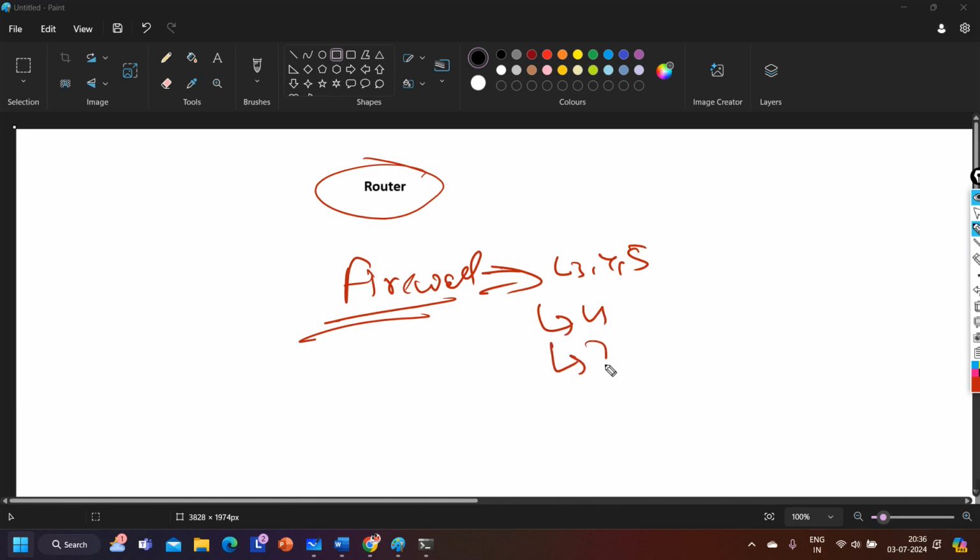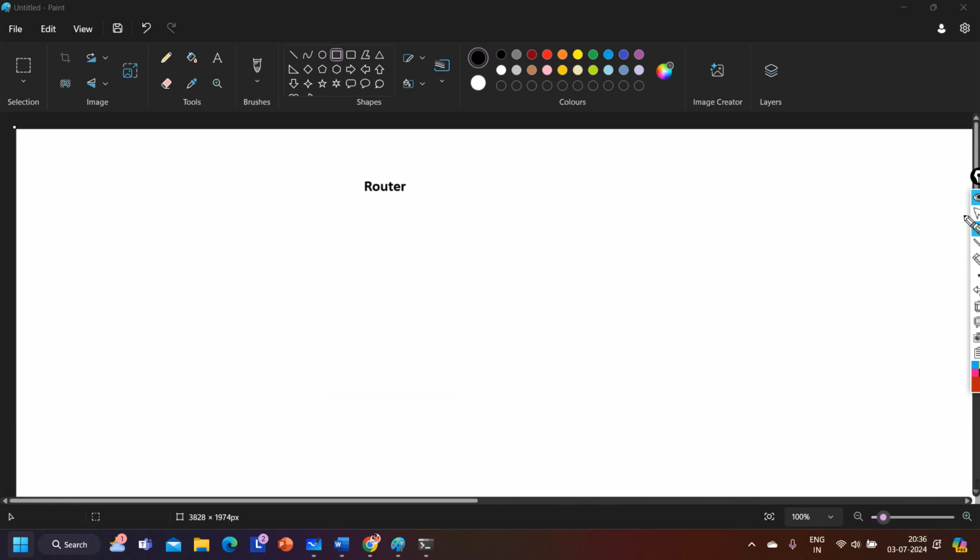Few are saying layer 7 device. But firewall is the device which works from layer 1 to layer 7. Firewall works at all layers. We will see when I discuss firewall. Okay, so it works on all layers.